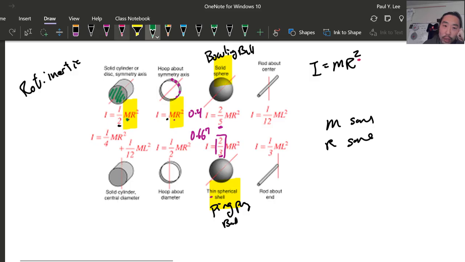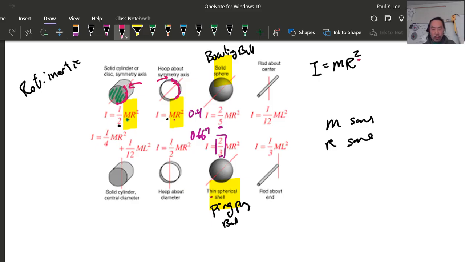So if we take a look at the outermost part, like we did with the hoop, because the mass is distributed, the mass at the same point r is less than the mass over here. Here, the mass is densely collected versus the mass here, which is not densely collected. It's just spread or distributed evenly.